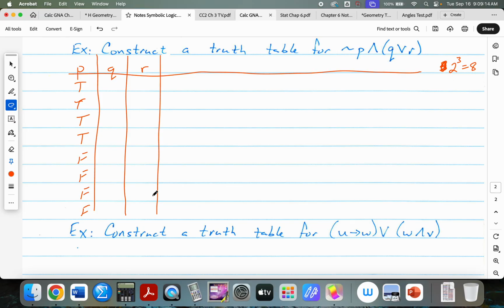And then do half that many. So now 2 trues, 2 falses, over and over. And then 1 true, 1 false. If you do that, you'll always get all the combinations.